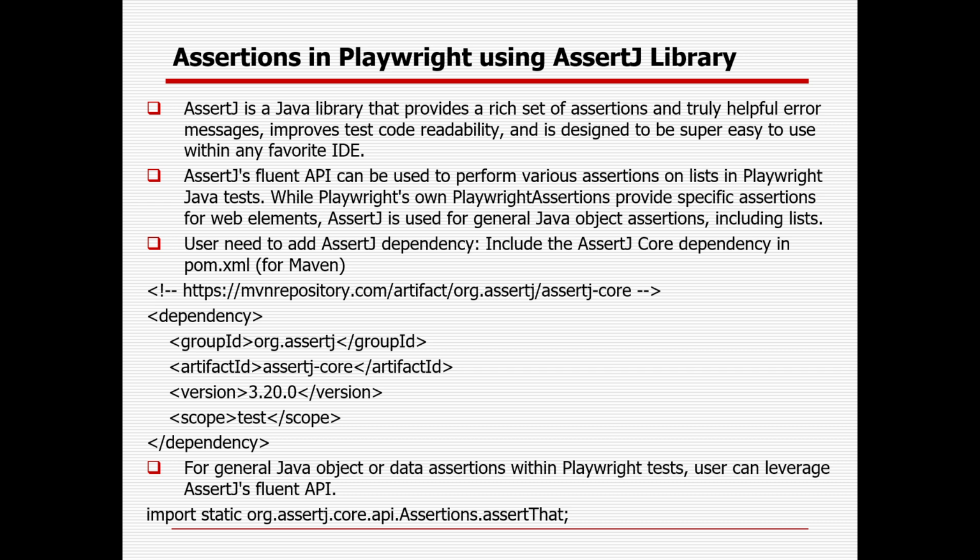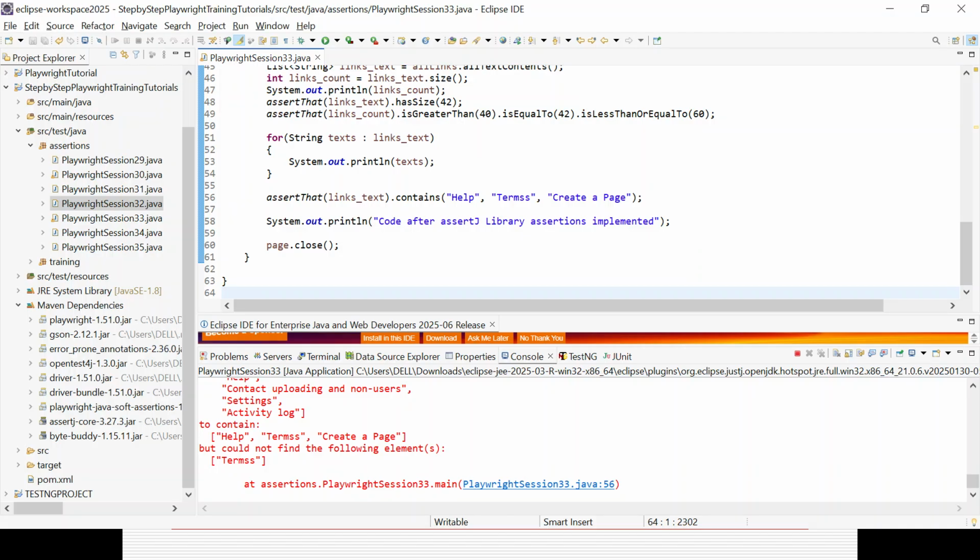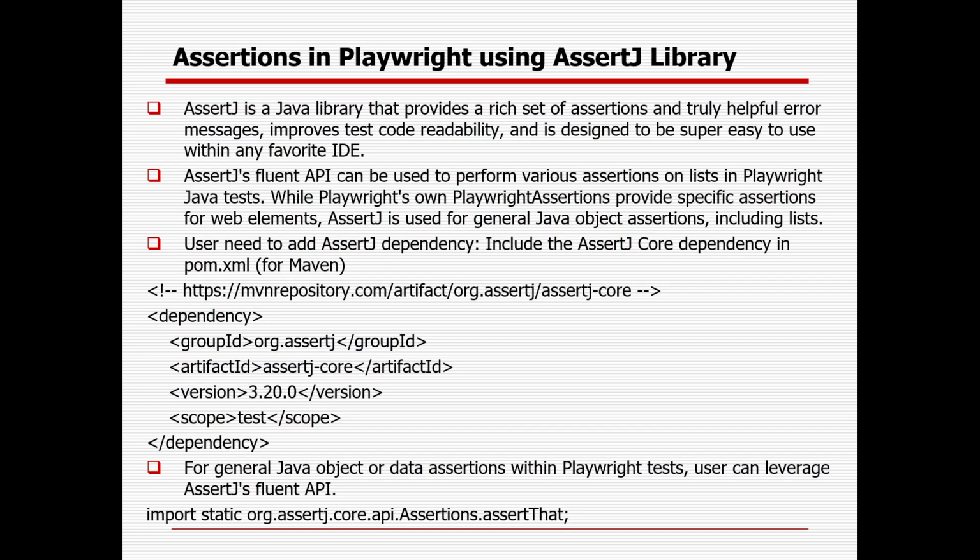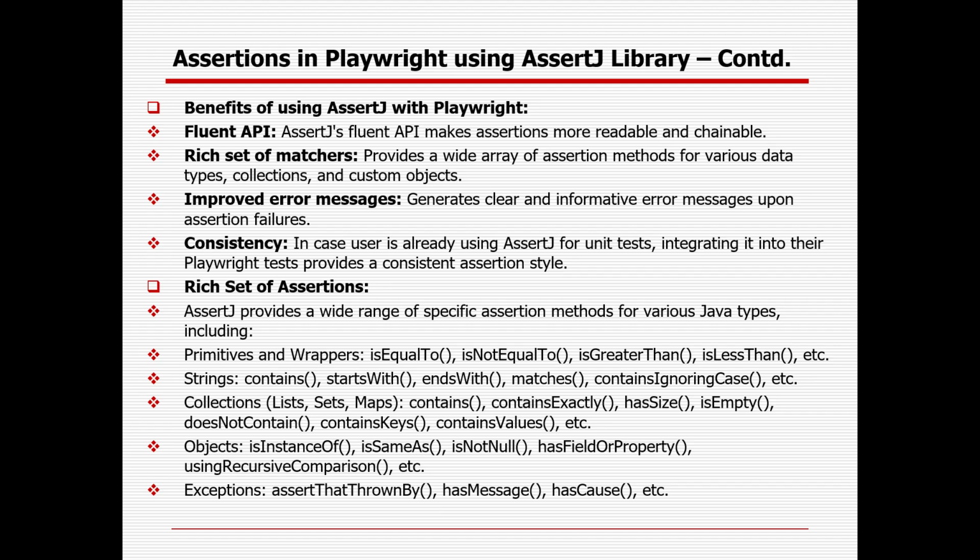It helps with error handling, improves code readability, and is also designed to be super easy to use within your favorite IDE. You can already see a lot of additional things can be validated. Apart from that, the error message that comes is very transparent and clear. Anyone can validate it easily and correct their code. It also allows the user chainable validation at the same time.